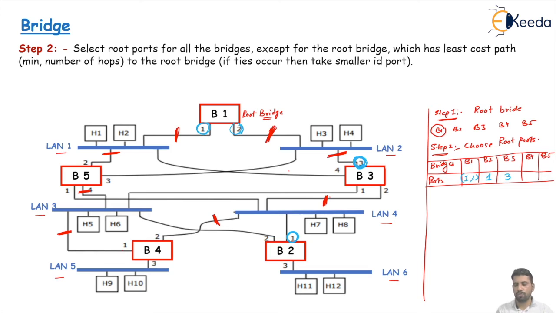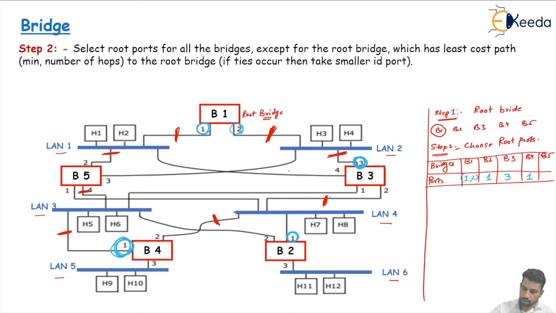Same in both port number 1 and 2, we will reach with 4 links. Again there is a tie, we will choose the lowest index, and port number 1 becomes the root port.